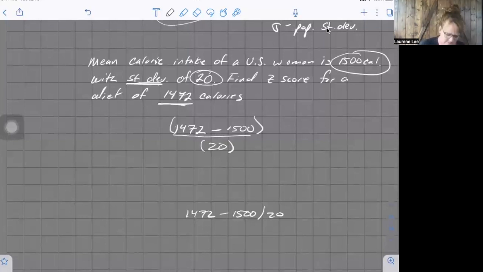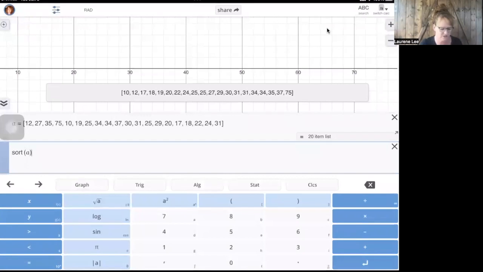Okay, now watch what happens. Actually, I'm going to calculate this number really quickly. 1472 minus 1,500 divided by 20, and I get negative 1.4. Now I'm going to draw you a picture in a second and explain what that means. But let's jump over to Class Calc and look at how this handles the calculation.